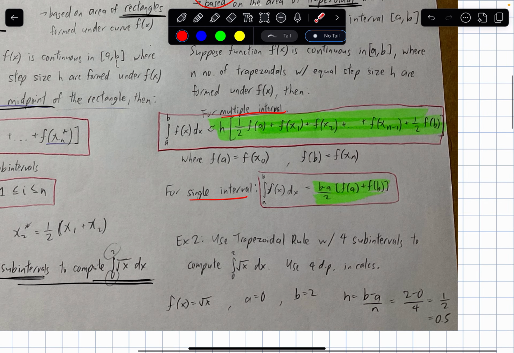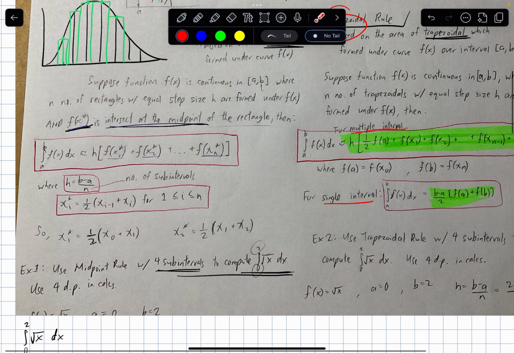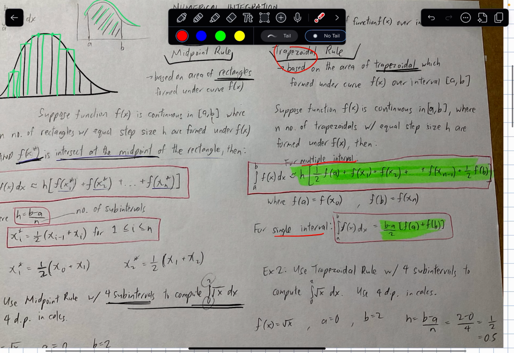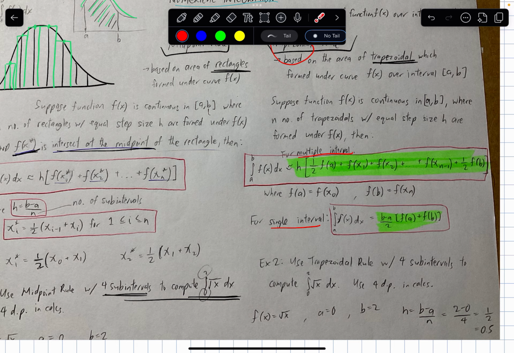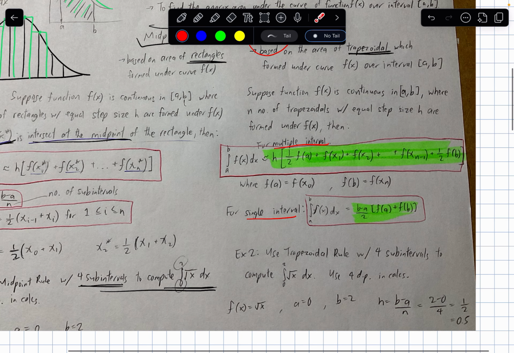So these are the formulas. They are not so different when it comes to trying to memorize the formulas from what we have for midpoint rule. No? So height pa rin is here, then times quantity. This time, since this is trapezoidal rule, there is no more midpoint. So wala na tayo asterisk values. No? So what we have instead is, for multiple interval, 1/2 f of a and 1/2 f of b, magkabilang dulo.